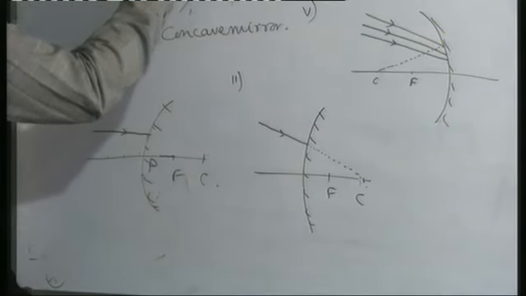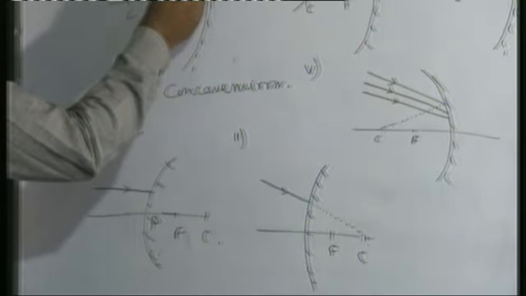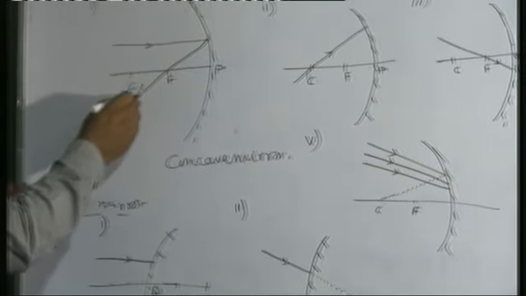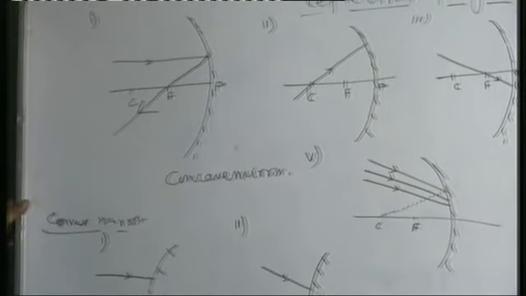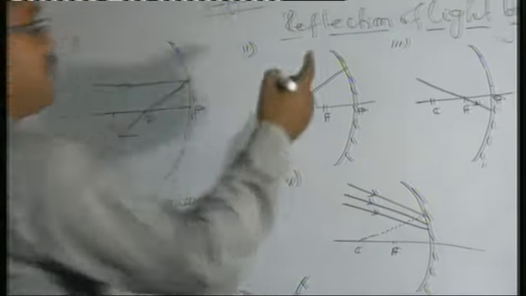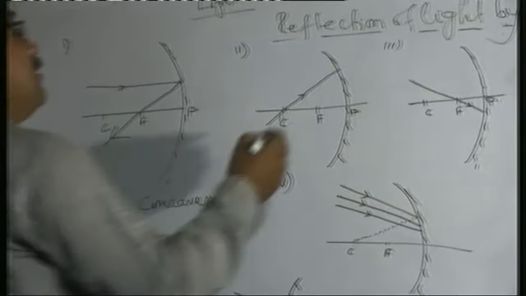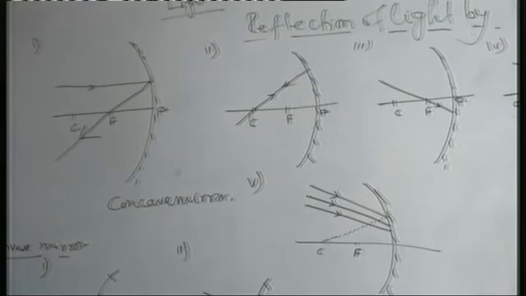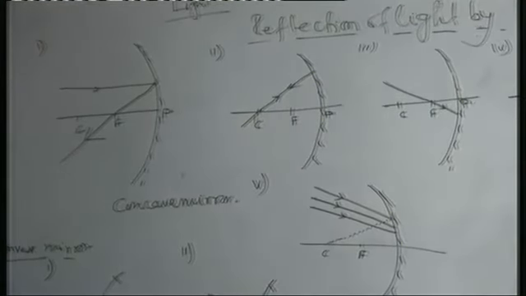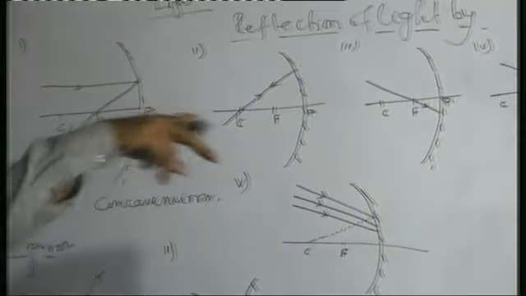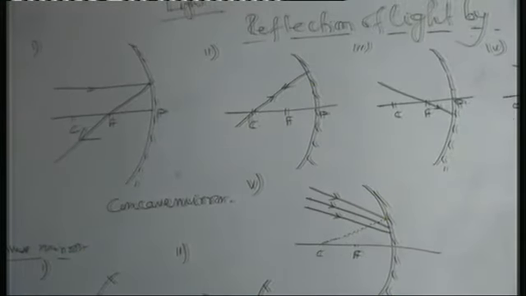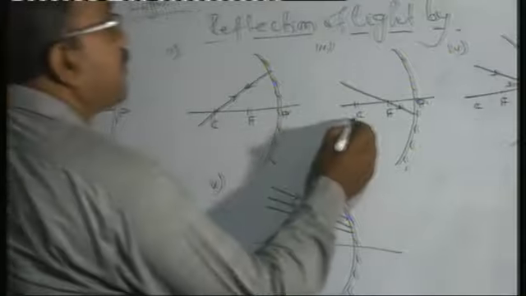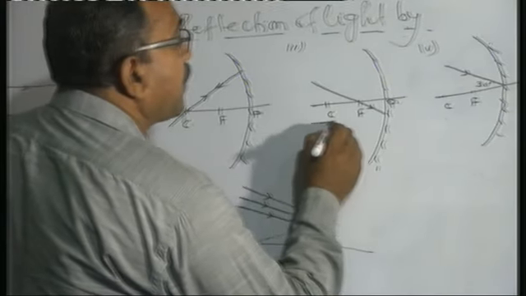From the first diagram you know it, the reflected ray passes through the focus. You must use this. If the ray passes through the center of curvature, it must go back along the same path. And if the ray passes through the focus, the reflected ray must be parallel to the principal axis.